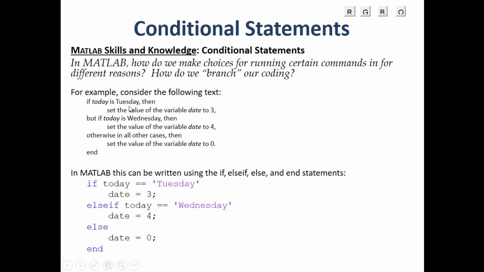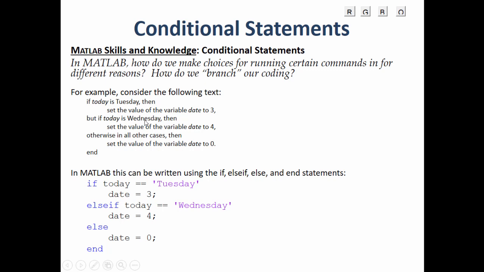And this is a really simple example. If you're looking to set a variable date to a number based on a particular word that's captured in this variable today, then you could go through this process. So if today is equal to Tuesday, let's set it to 3.